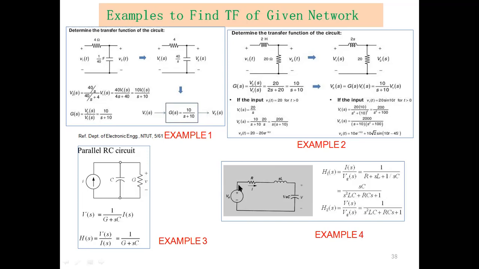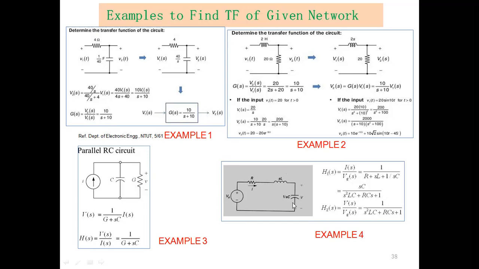If we have the RLC circuit, we know how we can calculate the values of impedance and admittance. How? If we are calculating the transfer function for the RLC circuit, the impedance is R plus SL plus 1 by SC.